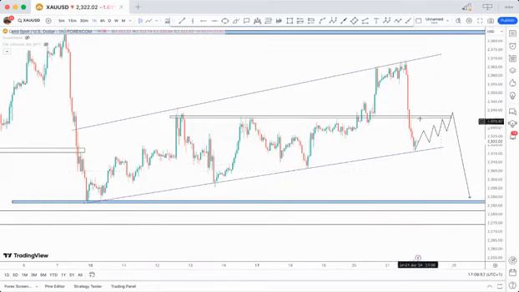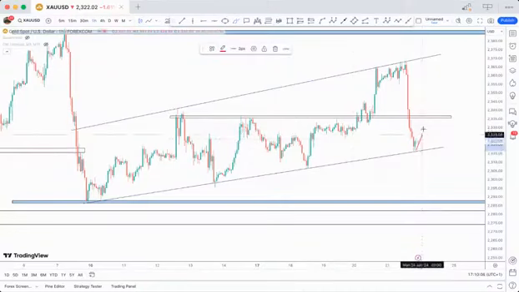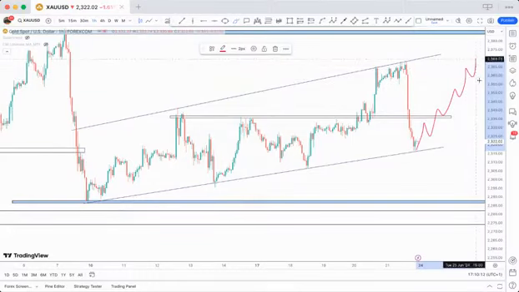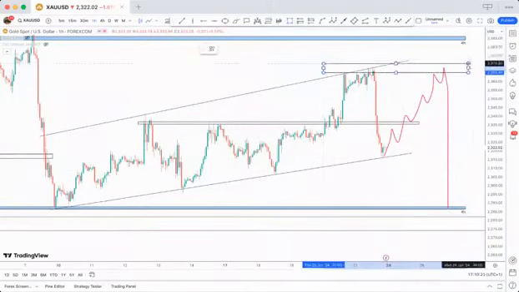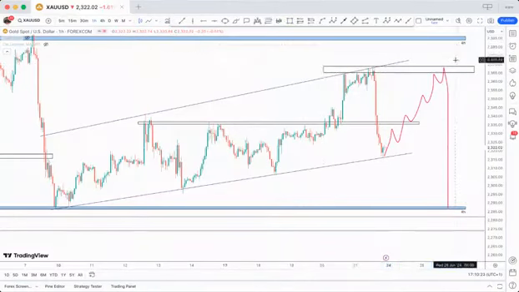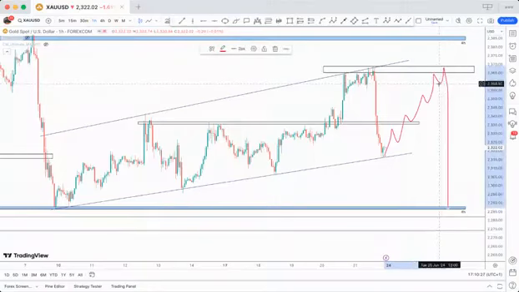I'll wait for a pullback, and sometimes this pullback might actually continue to the upside, so we could have something like this. We are going to wait for the right moment, and here this is going to be a double top formation, as you can see. So we are going to be very, very patient for this market.